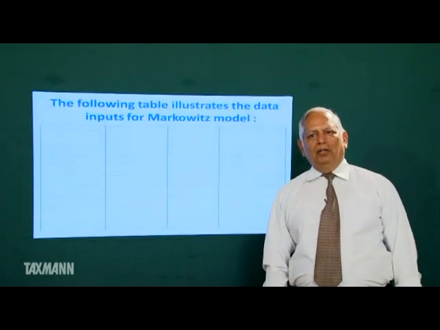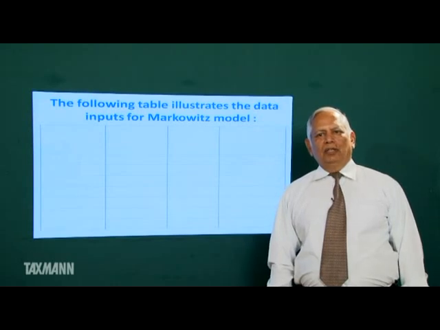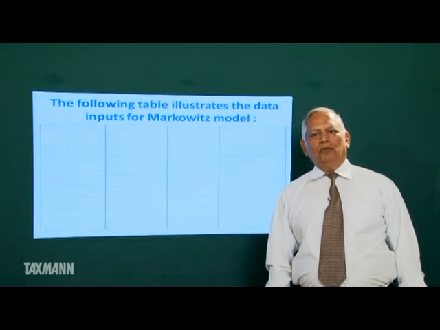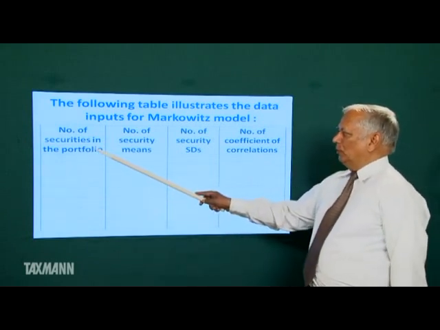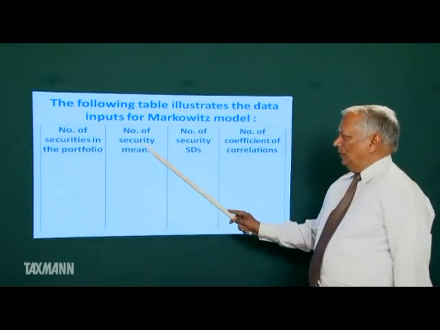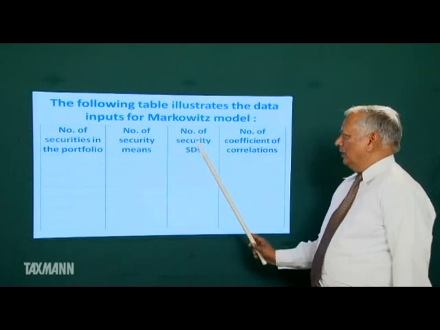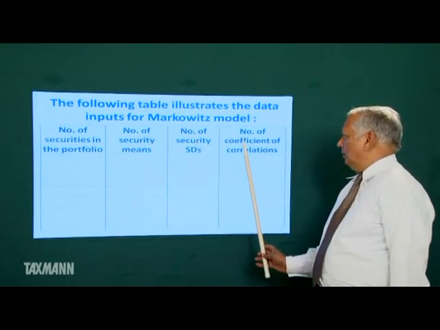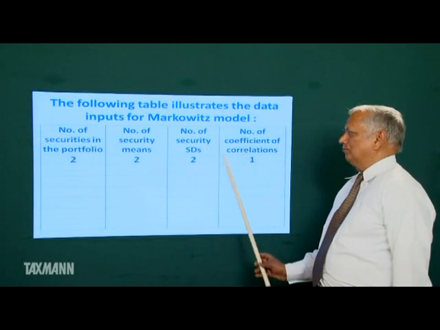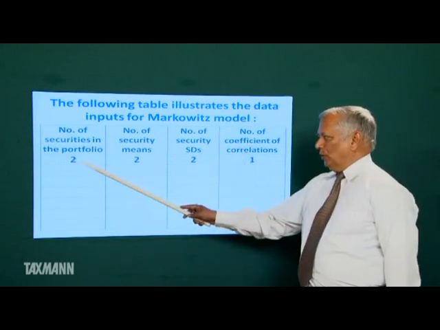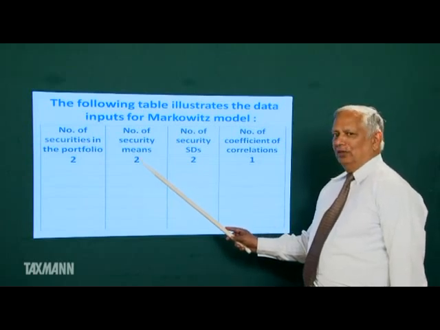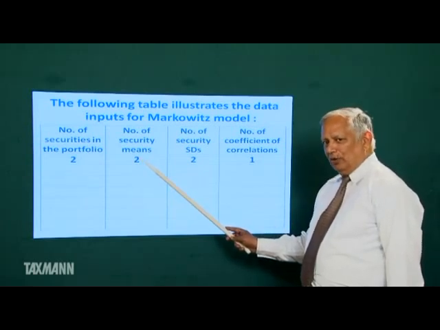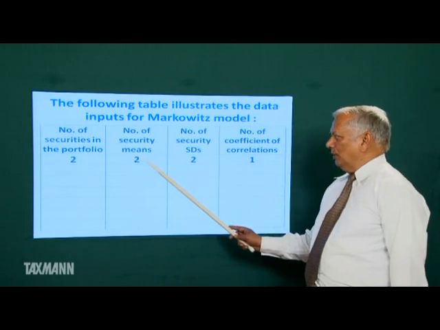The following table illustrates the data inputs of Markowitz model. Number of securities in the portfolio, number of security means, number of security standard deviations, number of coefficients of correlation. If there are two securities A and B, we require mean of A, mean of B, so we require two security means.